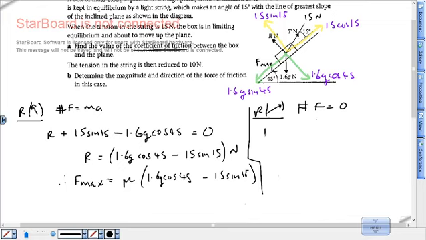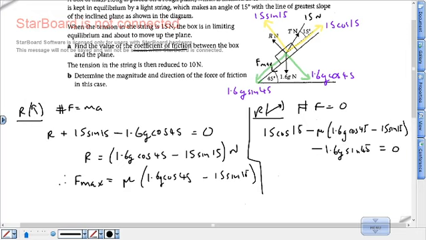So I end up with 15 cos 15, take away your F max, which is mu times 1.6 g cos 45 minus 15 sin 15, and then I've got to take away also my 1.6 g sin 45. Okay, so I've got my 15 cos 15 pulling me up, and the two bits pulling me down are my F max and my weight component, and the sum of those is equal to 0.